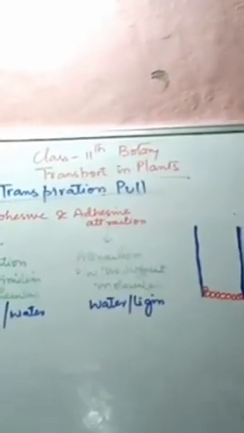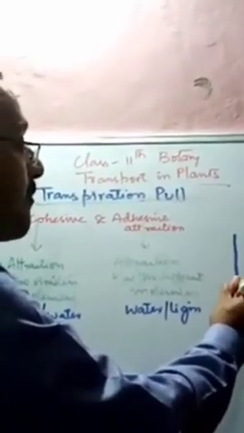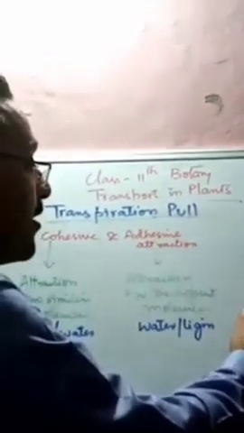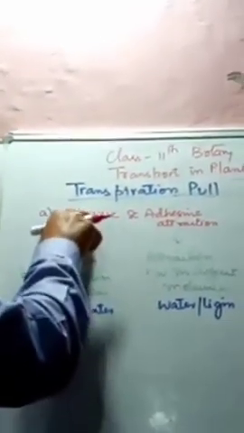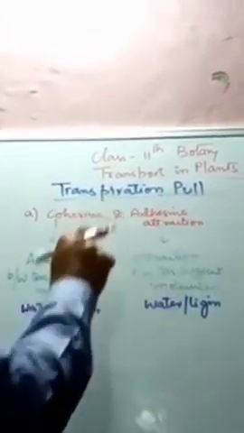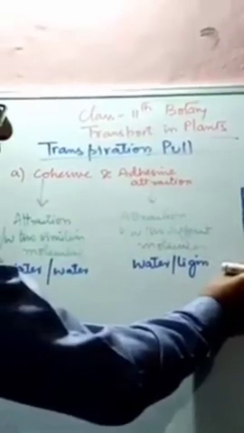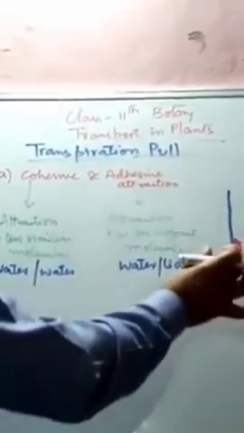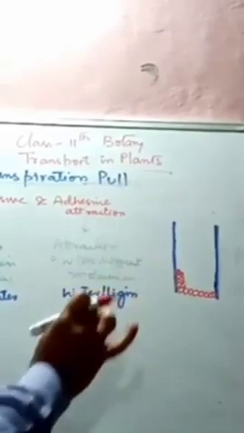In this way, water moves up a little. This is one. In transpiration pull we will see this cohesive and adhesive attraction. In cohesive, there is the attraction between similar molecules, that is water and water. In adhesive, there is the attraction between two different molecules, that is water and lignin.